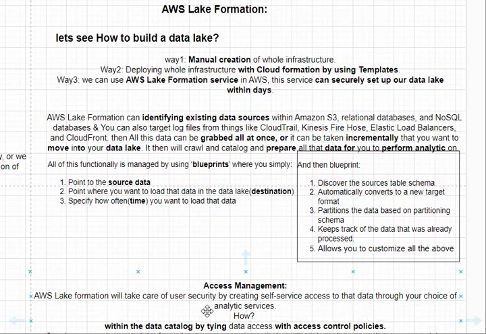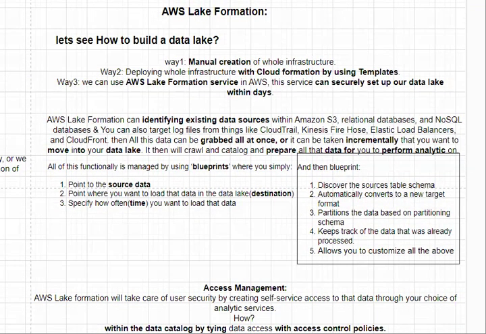So within the data catalog, by tying data access with access control policies, what can it manage? AWS Lake Formation can manage data access. So whenever a user comes to Lake Formation to see some data, first the user credentials and access roles are analyzed by Lake Formation.